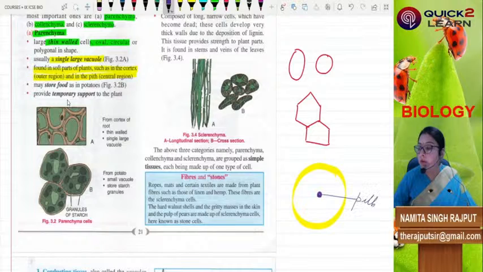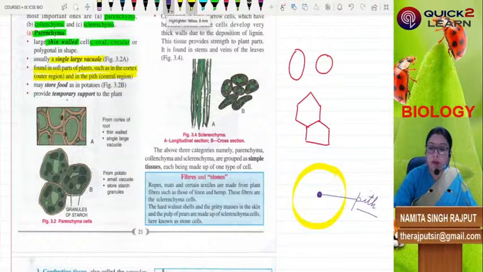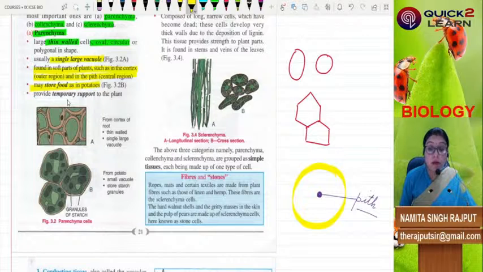So parenchyma are also found in the pith of a plant. Now they may store food, as in potatoes. In potatoes, the parenchymatous tissues serve the purpose of storage. They store carbohydrates, or they may also provide temporary support to the plant.